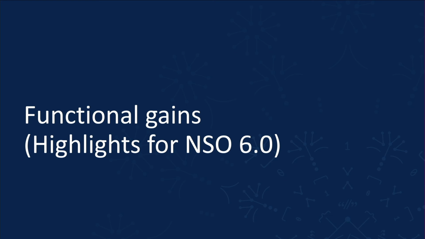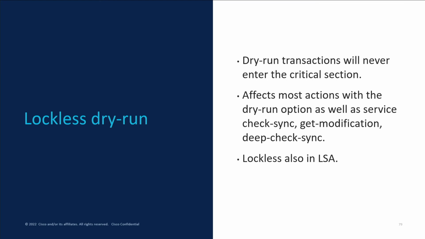So let's look at some functional highlights for NSO 6.0. First of all, we have lockless dry run. This is one of the most important features in the product for the user to verify that the transaction does what the user intends. And there are a lot of customers that use this in an automated fashion.